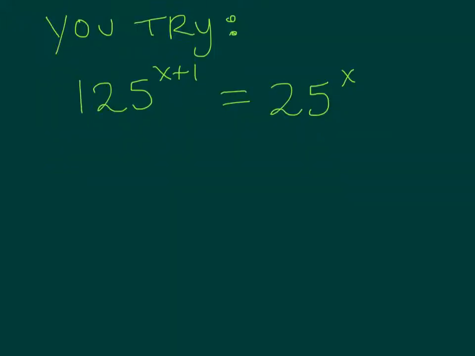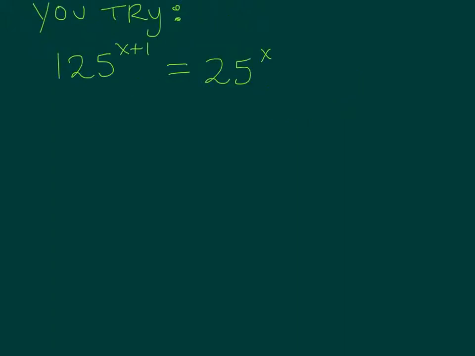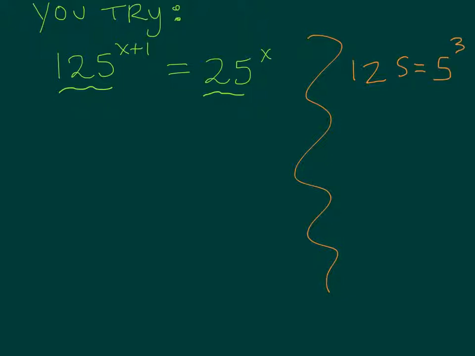Okay, how about one more? Try this one. Hopefully everyone chose base 5. I have 125 on the left as my base, and on the right I have 25. 125 I know can be written as 5 cubed, and 25 can be written as 5 squared.